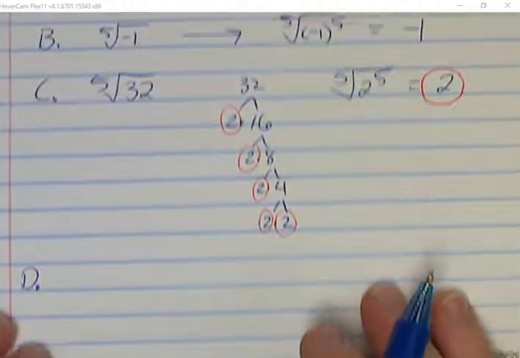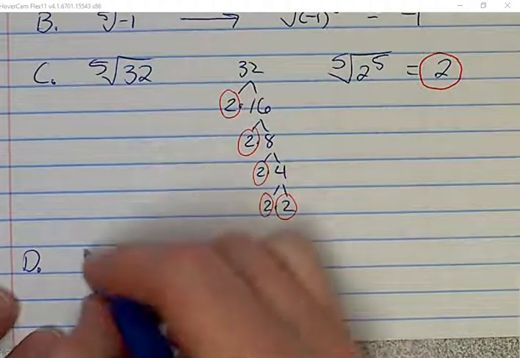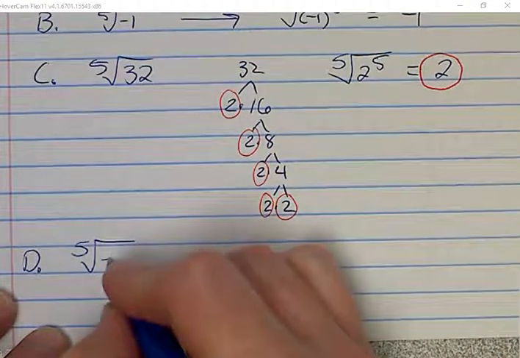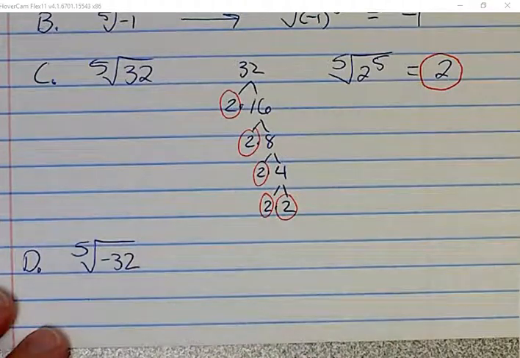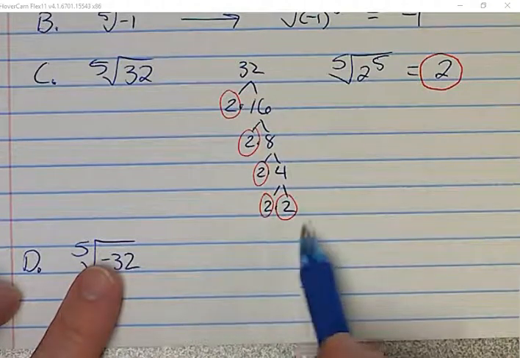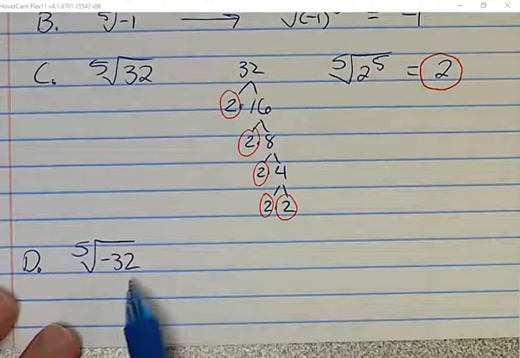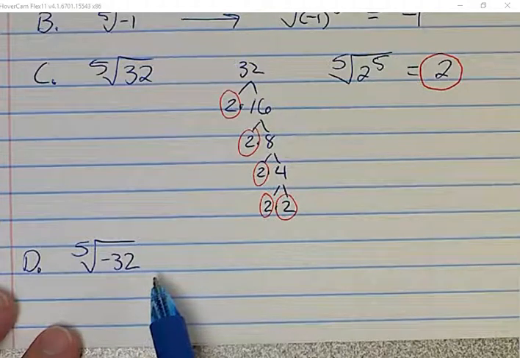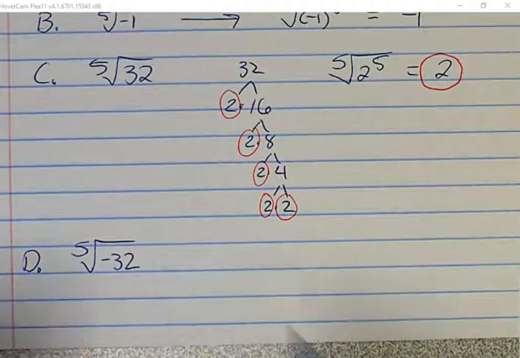All right, and while we're doing that one, let me show you one more. It's the same kind of question. We're just going to change it to negative 32. We know that if we took 32 and broke it down, it'd be 2 to the fifth power. But since it's negative 2, what happens if you did a negative 2 times itself 5 times? Now, we know the number's going to be 32, but what happens if you multiply a negative by itself 5 times?